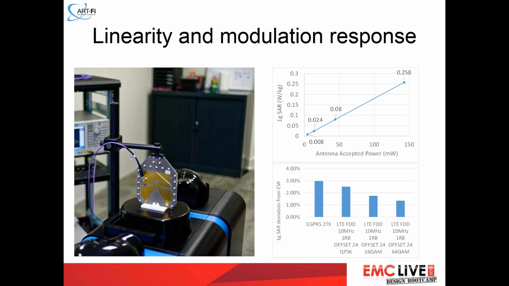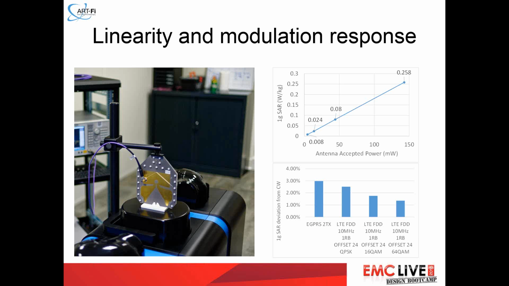The bottom right figure shows the deviation of SAR with respect to the SAR when the antenna is fed with a CW signal. In the different bars, you see the antenna fed with other kinds of signals like EGPRS or different kinds of LTE FDD flavors, supposed to contain the same power, which we checked on the power meter.